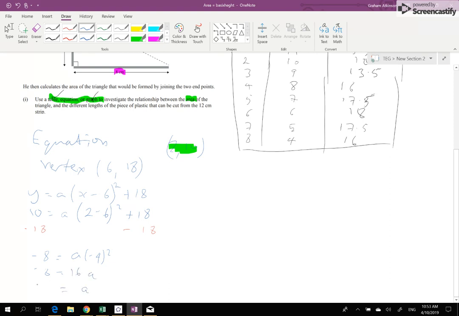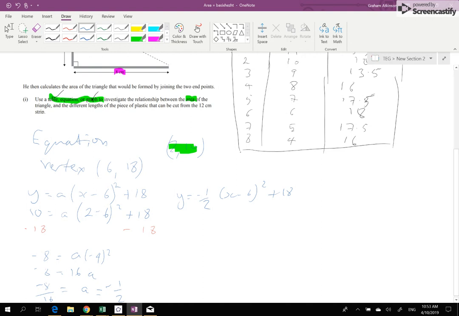So a equals minus 8 divided by 16, which equals minus a half. So my equation becomes y equals minus a half (x minus 6) squared plus 18. Okay, is everyone happy with that?